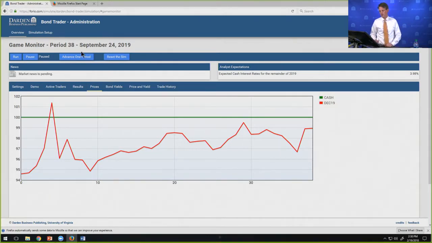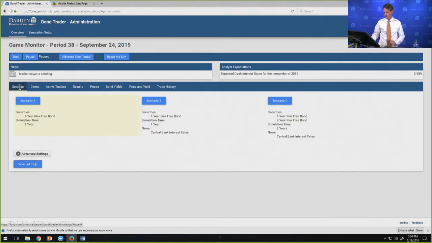So essentially one would often do simulation A once or twice to make sure that those concepts have resonated with the students. And then in simulation B, jump to that here in the settings.